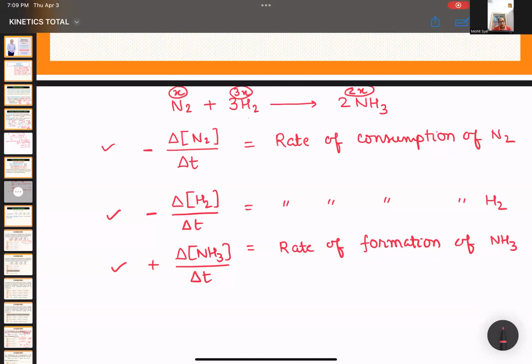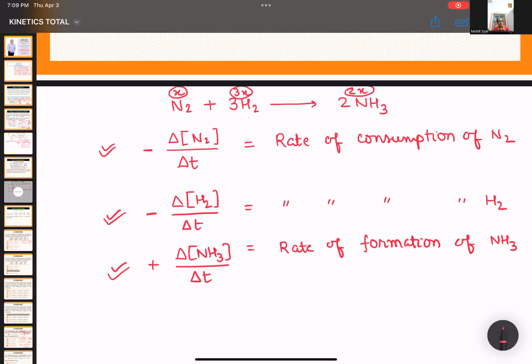But the reaction is same. So which rate should I consider? The rate of N2, the rate of hydrogen, or the rate of formation of ammonia to represent the rate of the complete reaction? You may say formation of ammonia because it is a product.